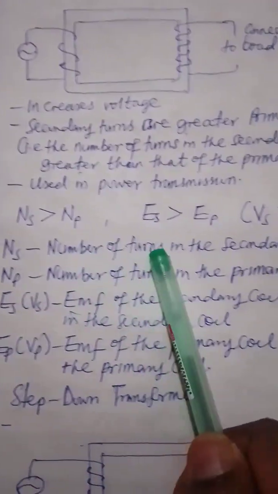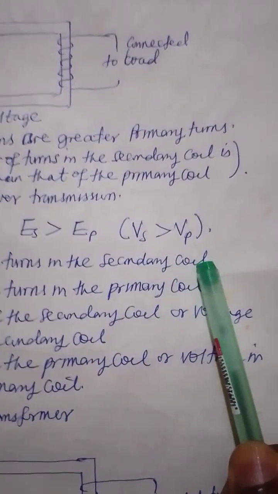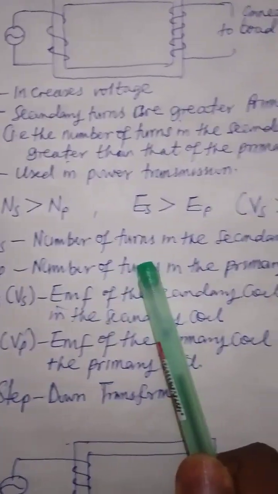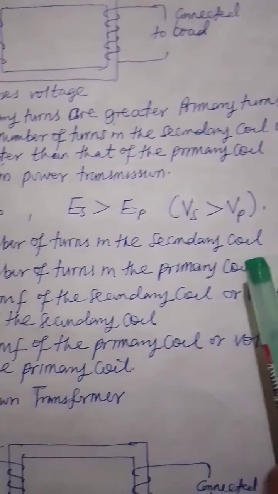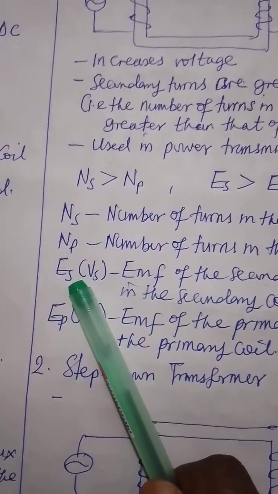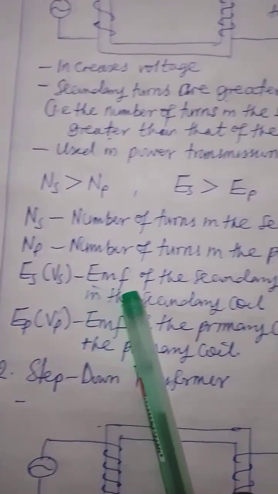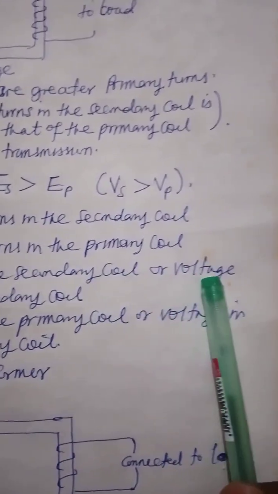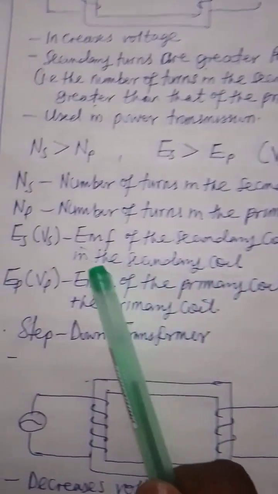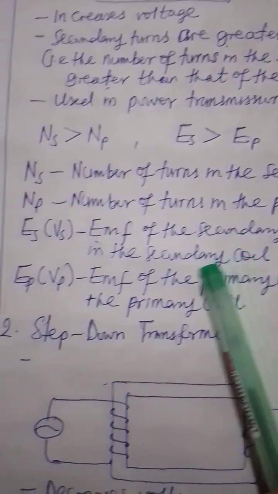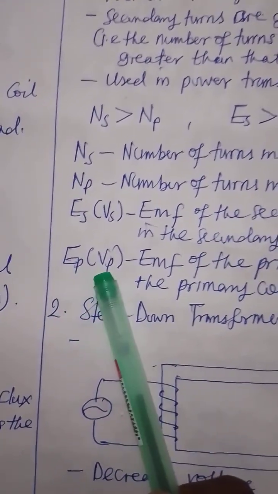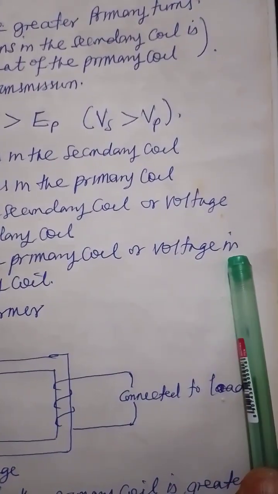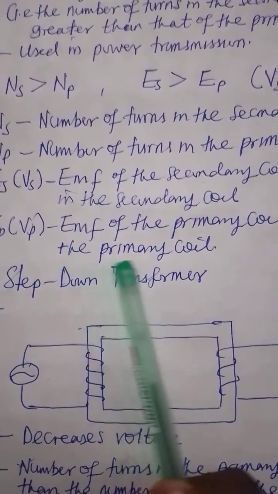NS, number of turns in the secondary coil. NP, number of turns in the primary coil. ES, which is also called VS, EMF of the secondary coil, or voltage in the secondary coil. EP or VP, EMF of the primary coil, or voltage in the primary coil.